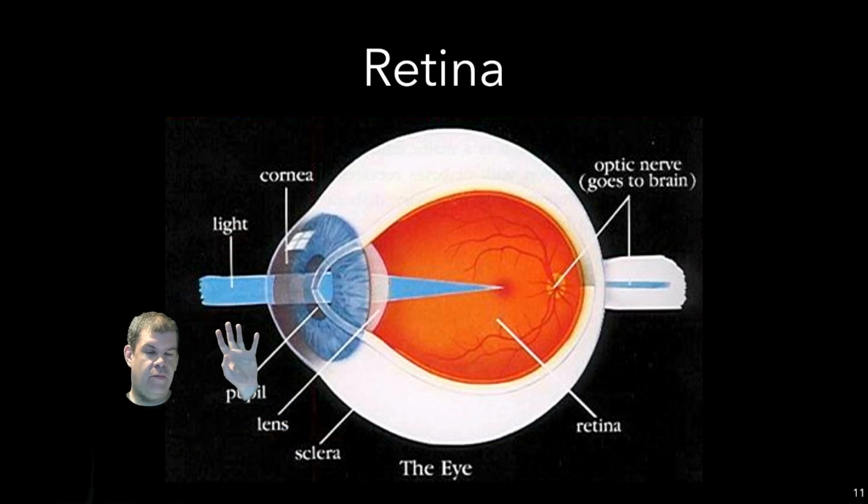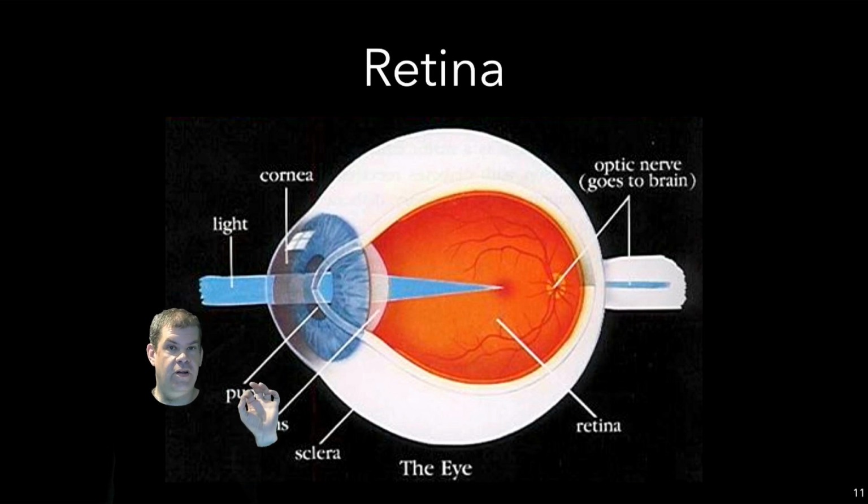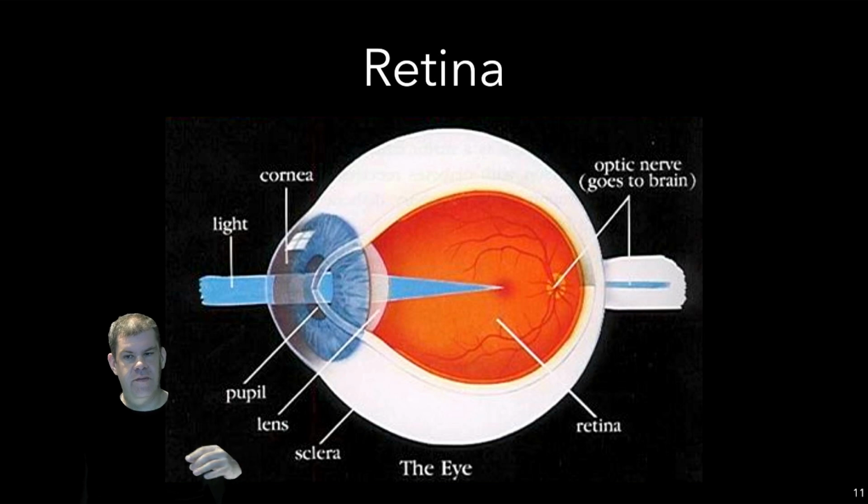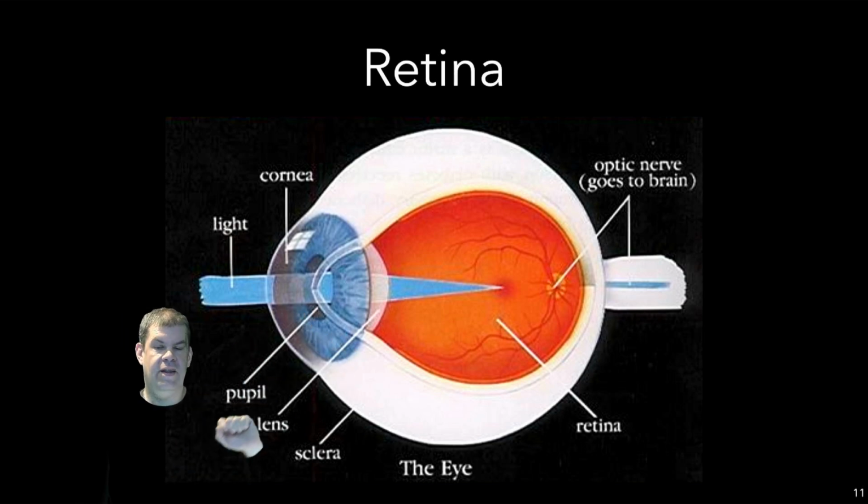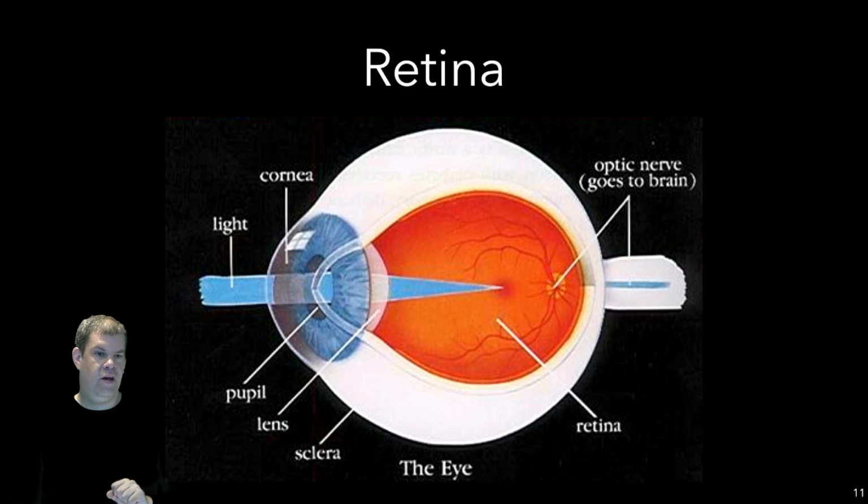Our eyes are just a tiny part of our visual system, that's another important aspect to understand. But our first contact to light or to visual information are our eyes. Light hits our cornea, then goes through the pupil, is focused by the lens, and then ultimately ends up creating an image on the retina.